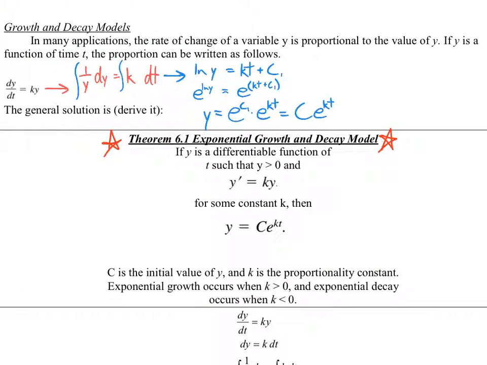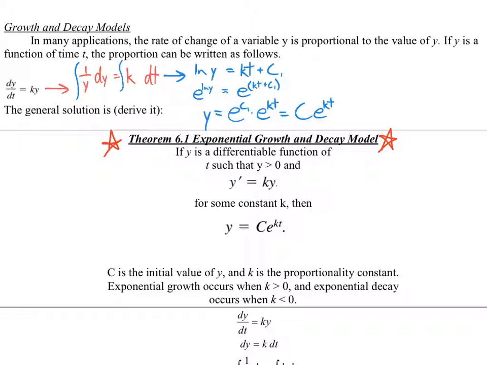Now, we've recognized some things about this. C is the initial value of y, which makes sense. If you plug in a 0 for t, e to the kt is e to the 0, so that's 1. So all you're left with is that constant. That's your initial value. K is the proportionality constant.